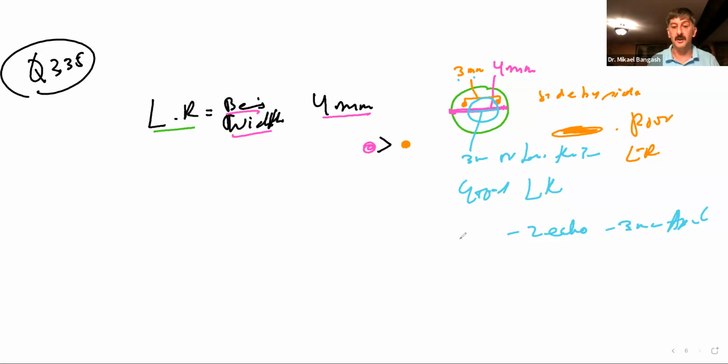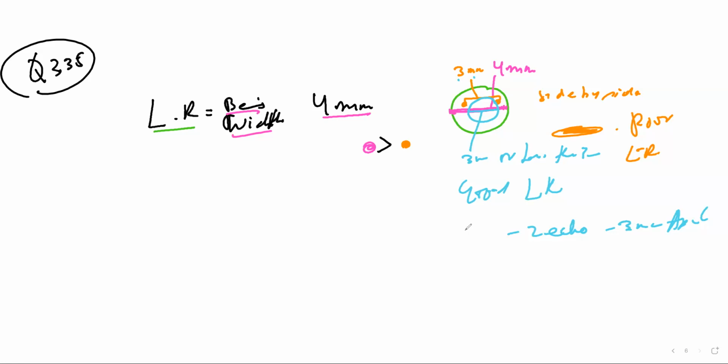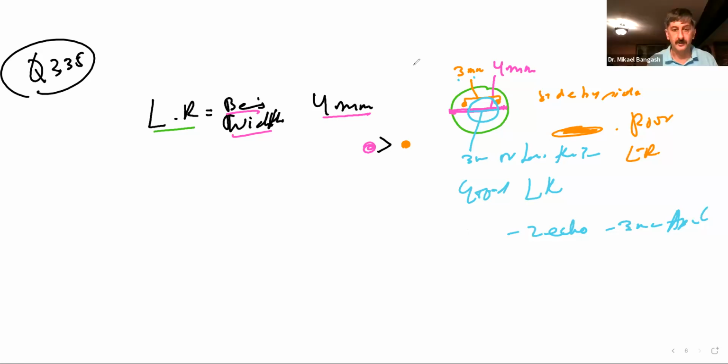So you can say everything about this one is a good lateral resolution. Did you girls get that? Yes. Good. Question 336.